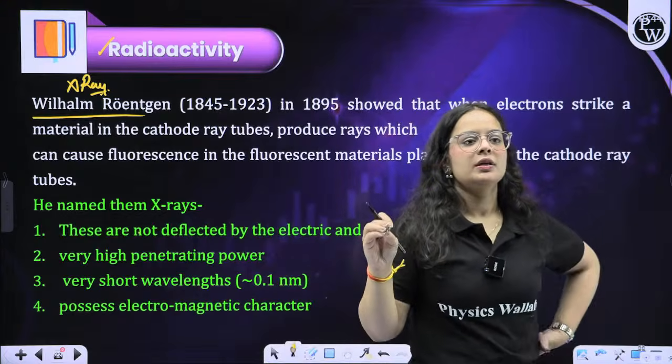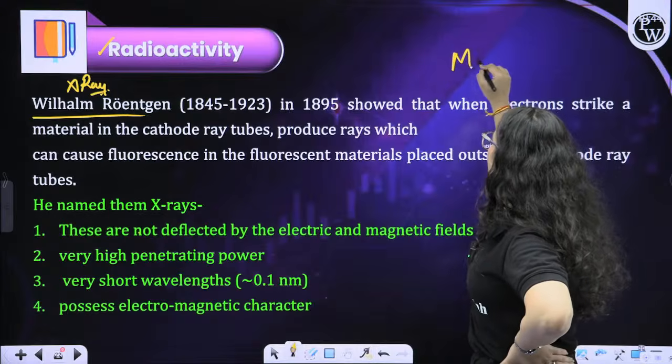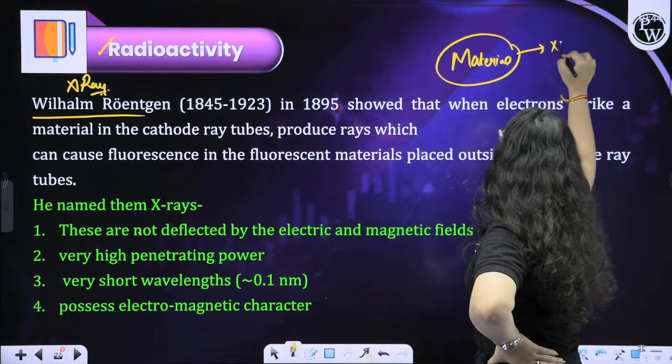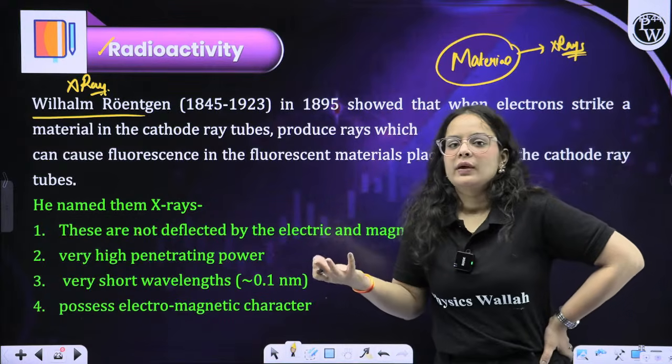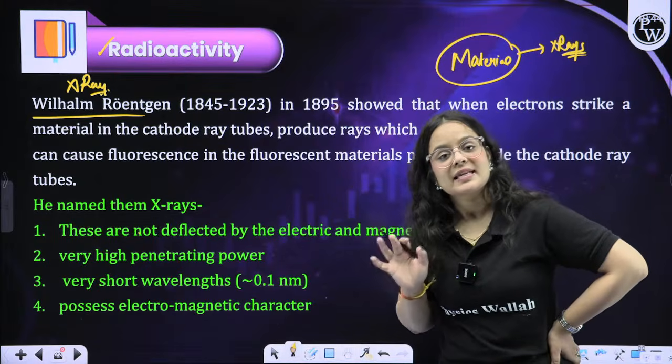William Röntgen showed that when we strike a material with cathode rays, it will produce some rays. We are unaware of the name of it, so let us say we name it X-ray.